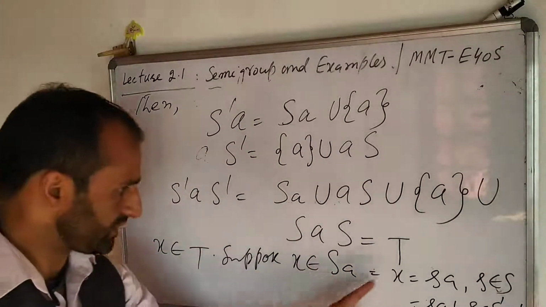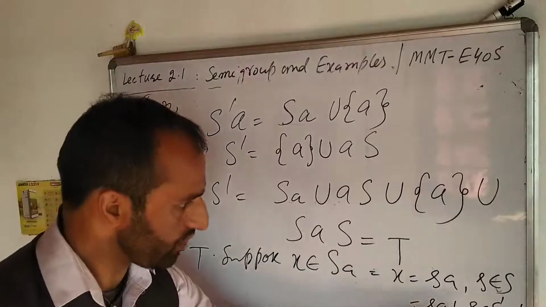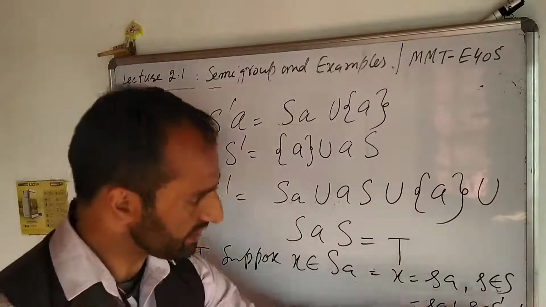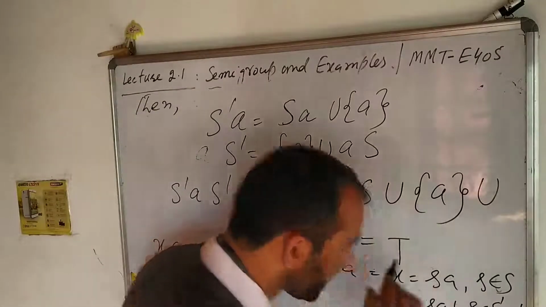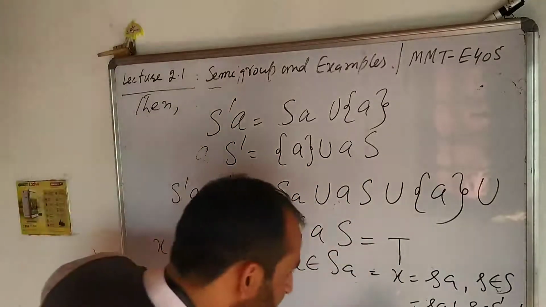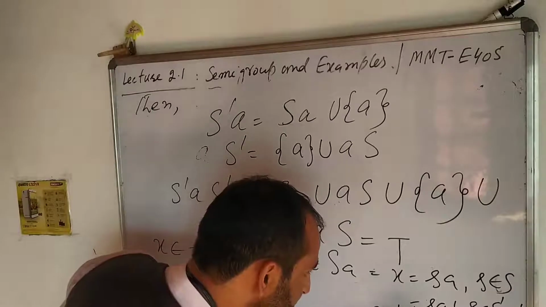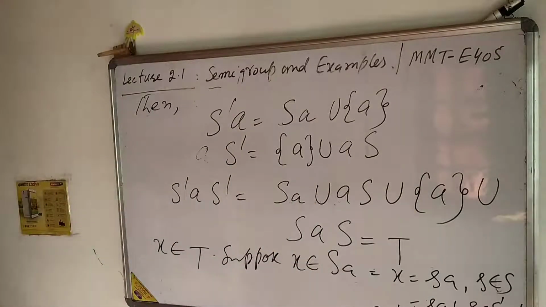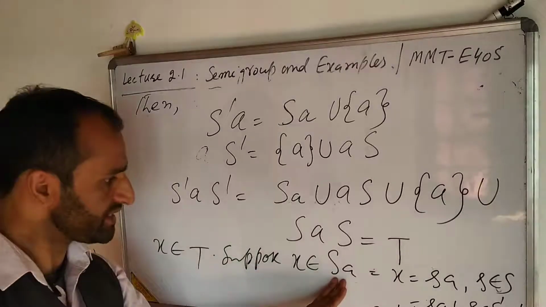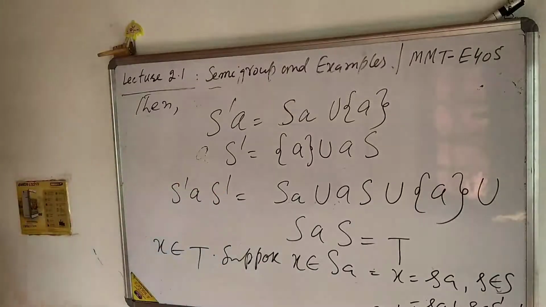So what's this X now? It's SA1 where S is in S1, 1 is in S1. So the last two elements are both in S1. So it means that it belongs to S1A S1. So in case X belongs to SA, then it is in this set.